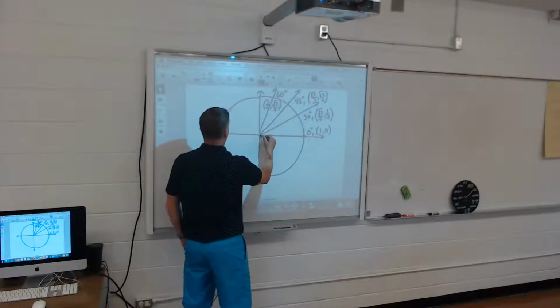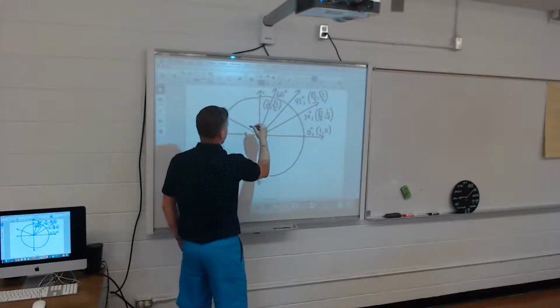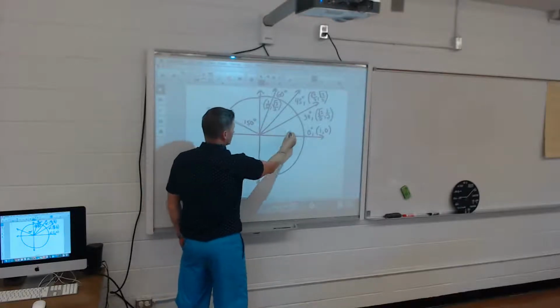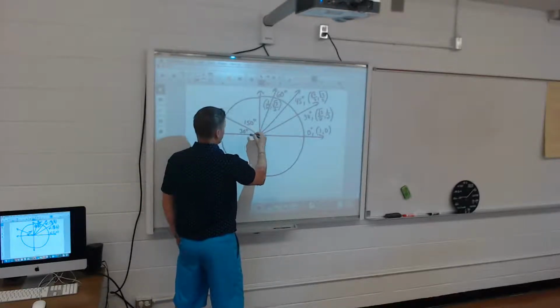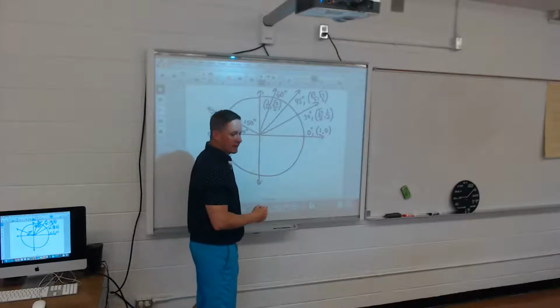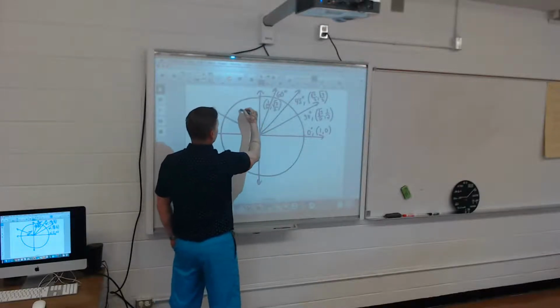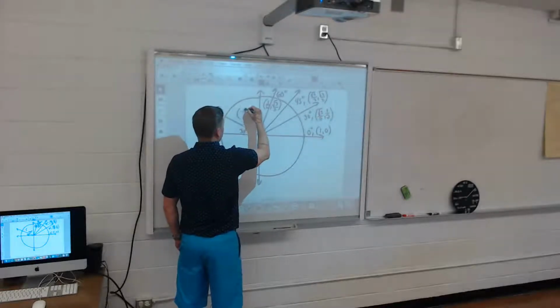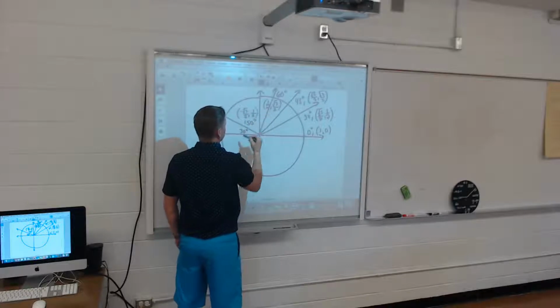So for example, I'm going to use 150 degrees. The reference angle is the same as 30 degrees because that's the angle it makes with the horizontal axis. So 150 degrees has the same ratio as that, except the cos is a negative.